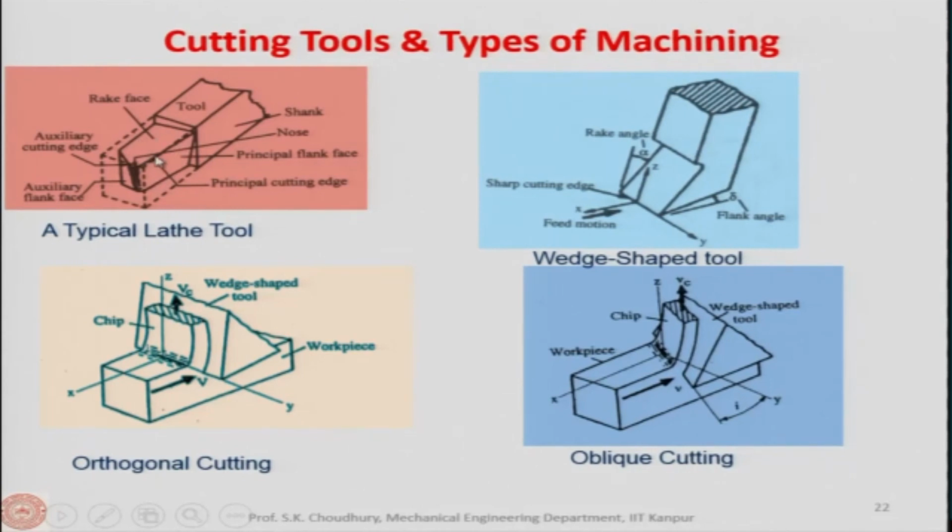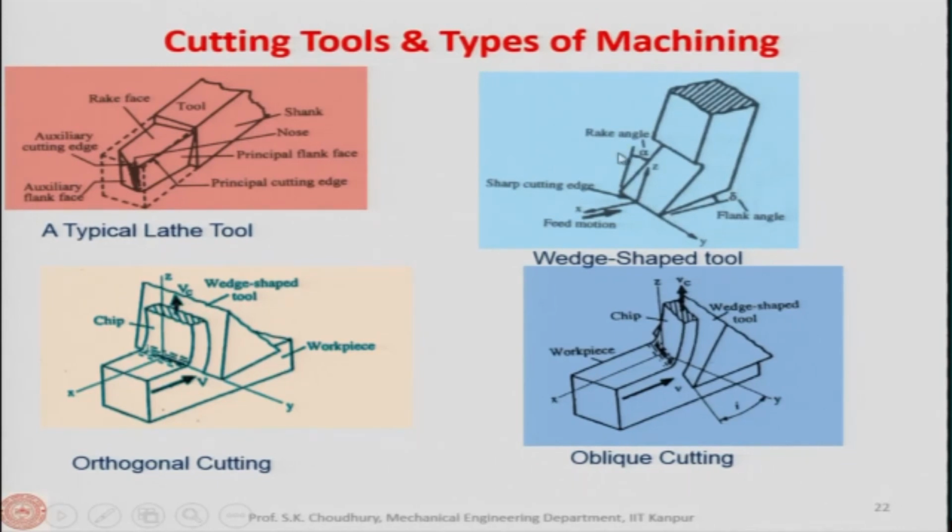So, the same tool can be represented as a 2-dimensional tool, and here you can see that this is the wedge shaped tool. This tool can easily represent the same kind of lathe tool for analysis, because as you can see, this has an inclination and this is the rake face. This is the flank face of the tool.